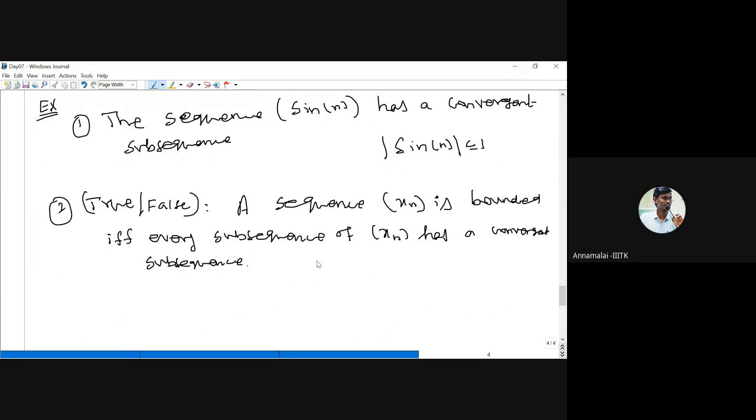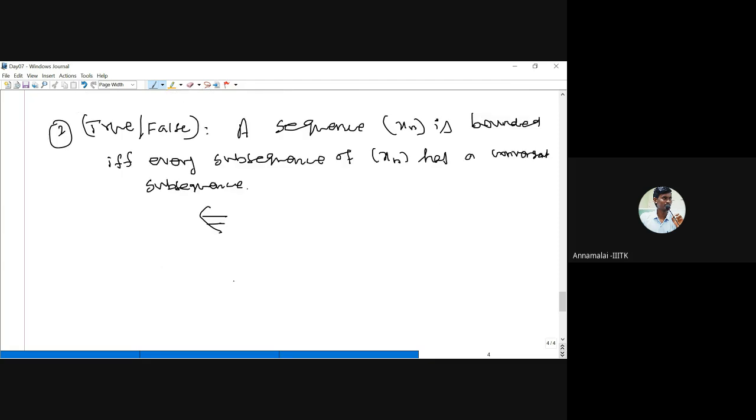So one way is trivial. We have to prove that x_n is bounded. It is given that every subsequence of x_n has a convergent subsequence. So you can take all the even terms, this is a subsequence.